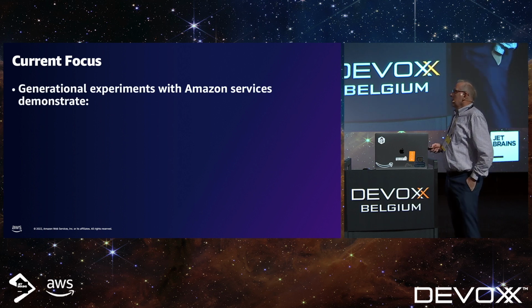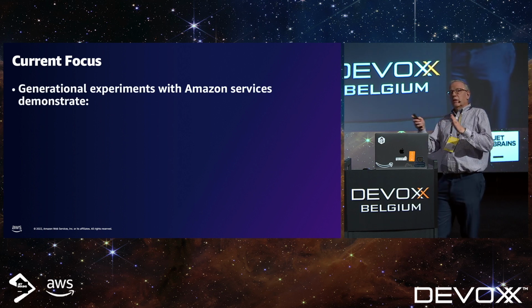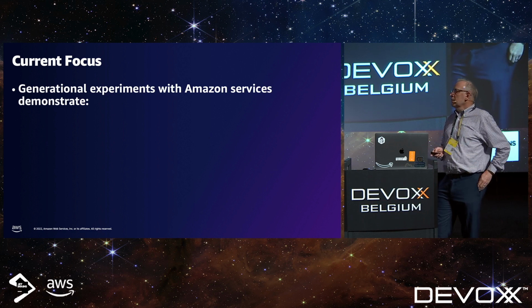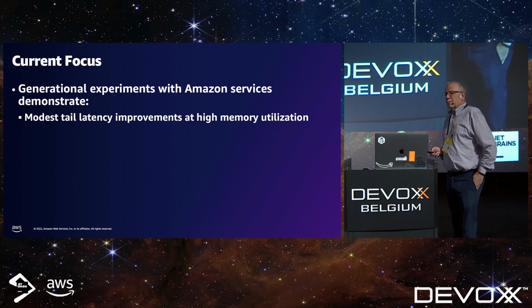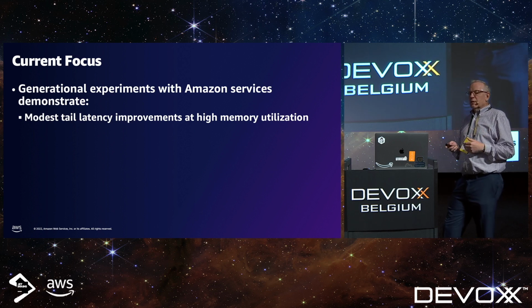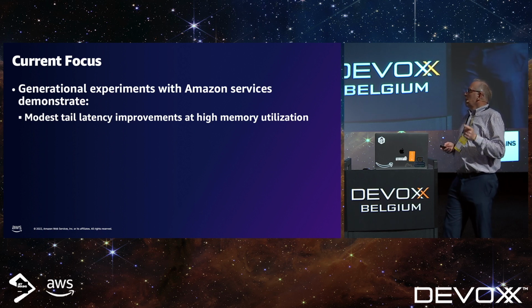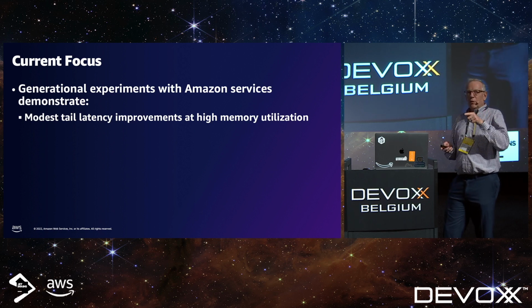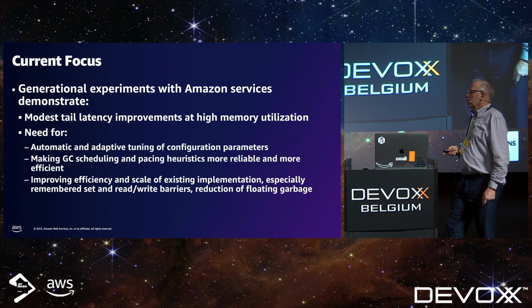As I said, our focus is we're starting to look at various real-world workloads with a number of services inside of Amazon. Consistently, we are seeing modest improvements to tail latency under high memory utilization if we invest the effort to hand tune.